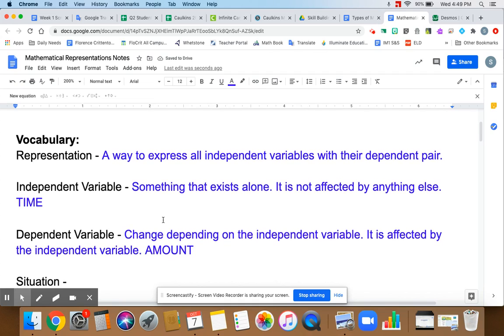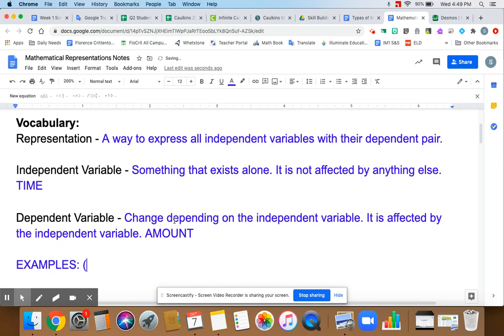So examples of this: how many hours you work affects the amount of money you make. Another example might be years that go by affect your height.